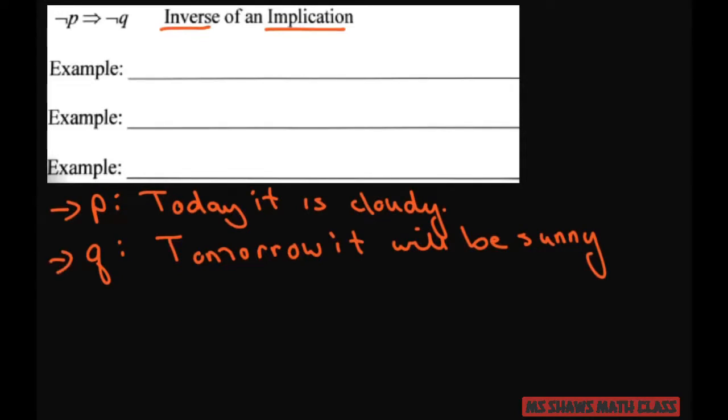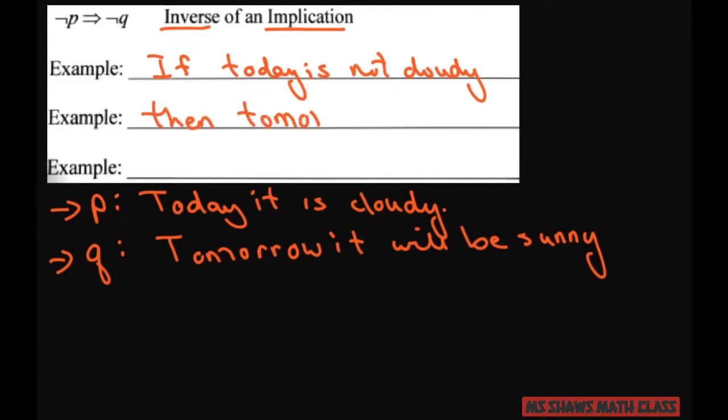When you're doing the inverse, you're going to say not. So if today is not cloudy, then tomorrow will not be sunny.